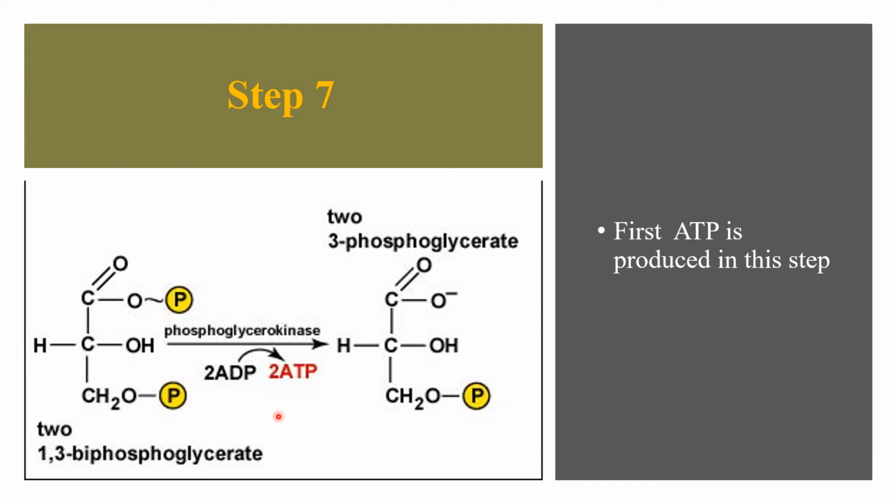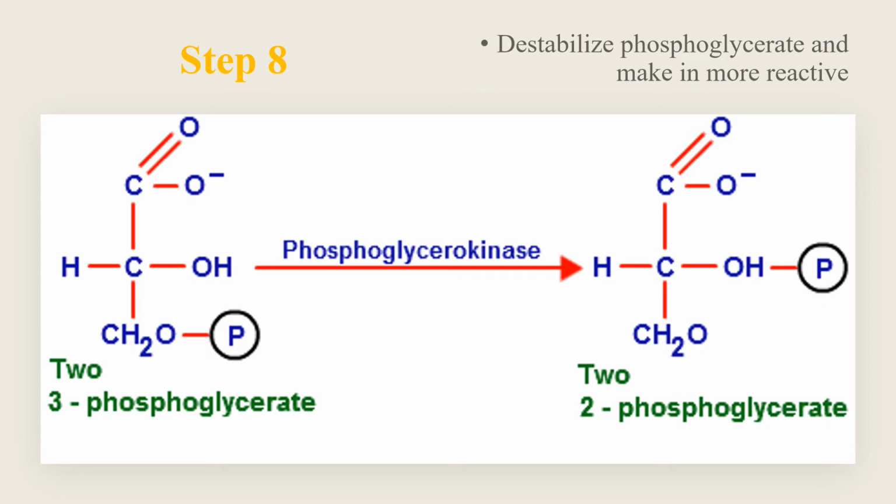And so once the process takes place, we essentially form an ATP molecule and we form 3-phosphoglycerate. Now what happens with this 3-phosphoglycerate molecule? We'll see in the next step.